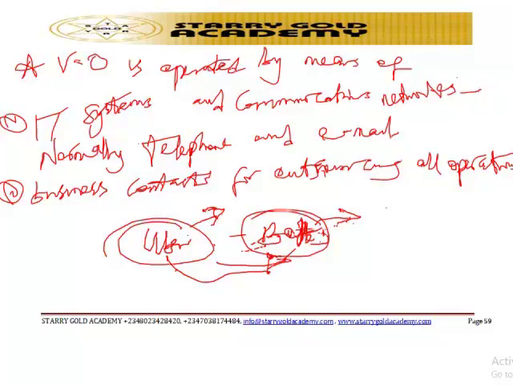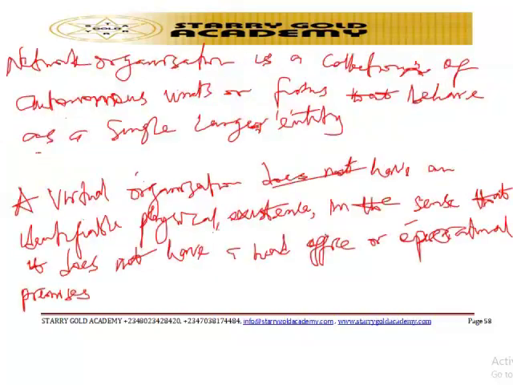So let's build on network organization. I define network organization as a collection of autonomous units or firms that behave as a single larger entity. So the definition of network organization took us to virtual organizations.